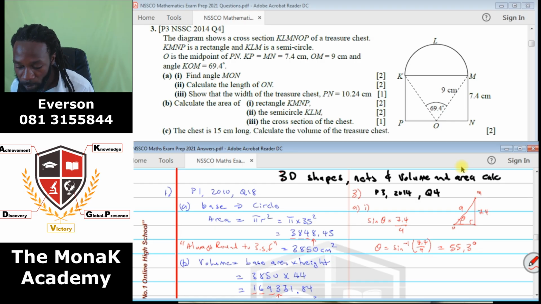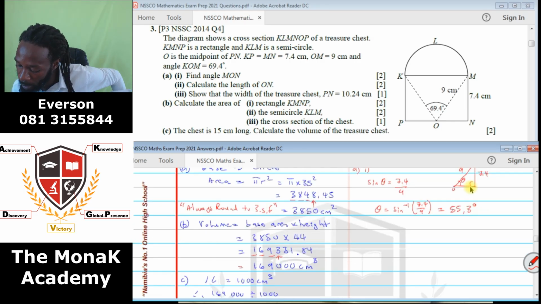The next question says, B, calculate the length of ON. Now we can use Pythagoras, or we can still use SOHCAHTOA, because now we have an angle. It's up to us. According to Pythagoras, hypotenuse squared equals opposite squared plus adjacent squared. So we have 9 squared equals ON squared plus 7.4 squared.